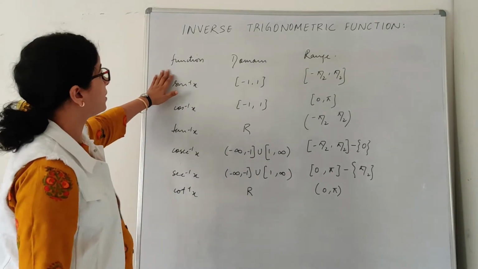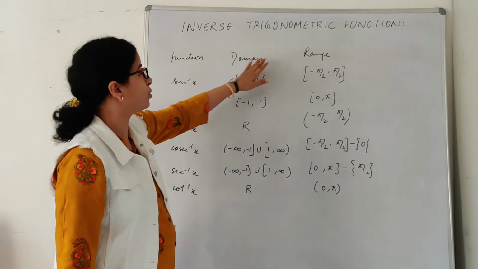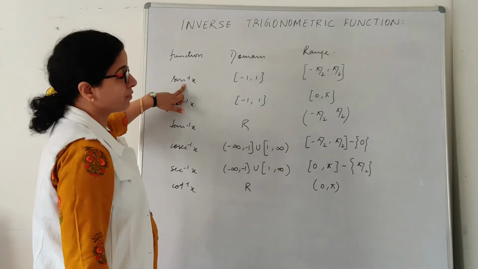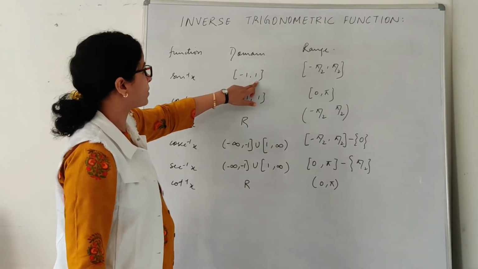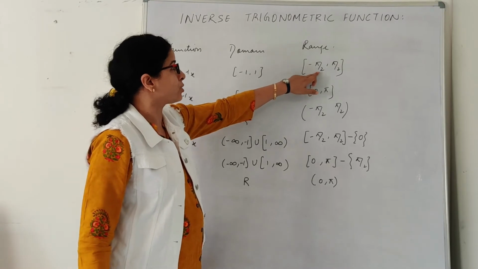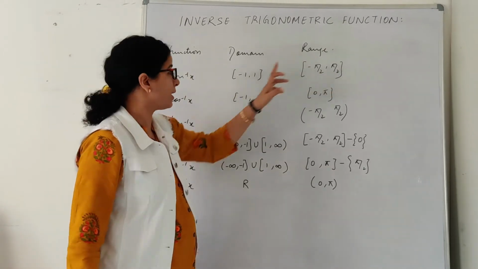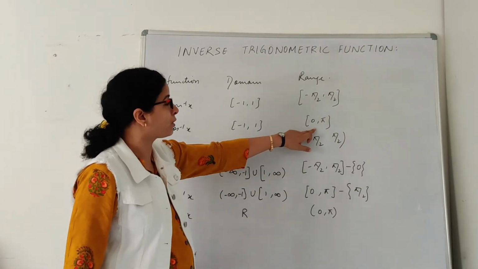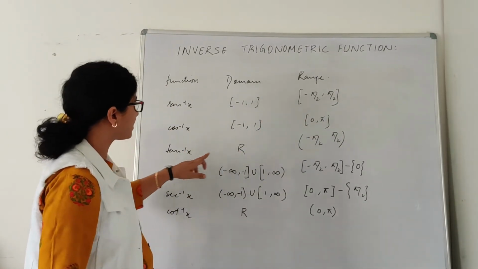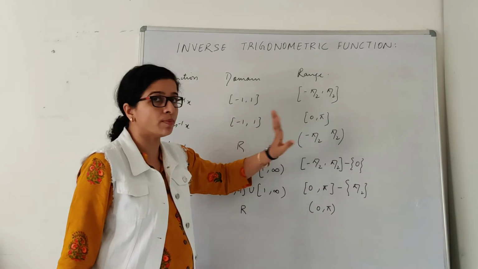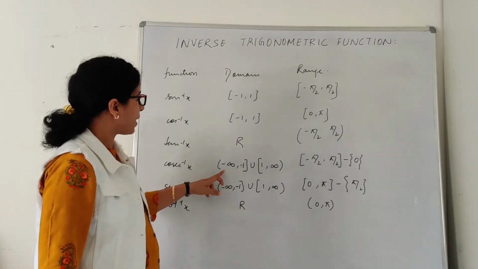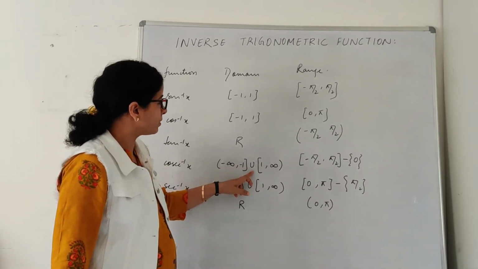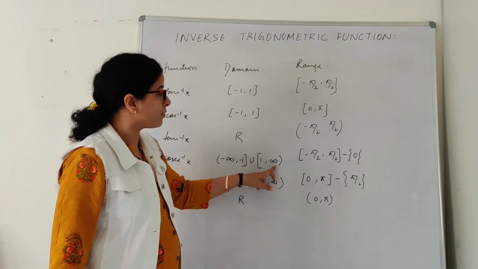Now let us check the functions, their domain and range. Sine inverse, as we already discussed, its domain is minus 1 to 1 and range is minus pi by 2 to pi by 2. Cos inverse is minus 1 to 1 closed interval, with range 0 to pi. Tan inverse is R, with range the open interval minus pi by 2 and pi by 2. Cosecant inverse is minus infinity to minus 1 union 1 to infinity.